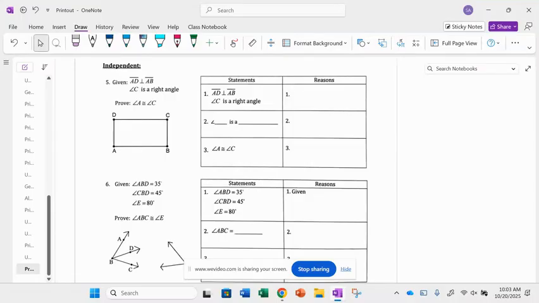So this AD is perpendicular to AB. So isn't that angle A right there? So you can say angle A is a right angle. And now since angle A is a right angle, and angle B is a right angle, that would say they're congruent. Circle right angles. It was a theorem.